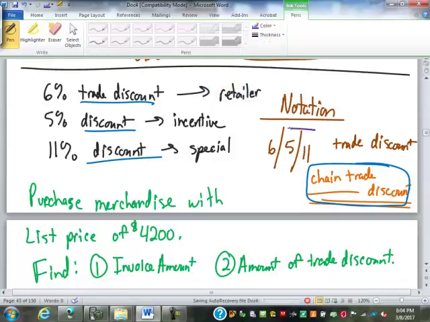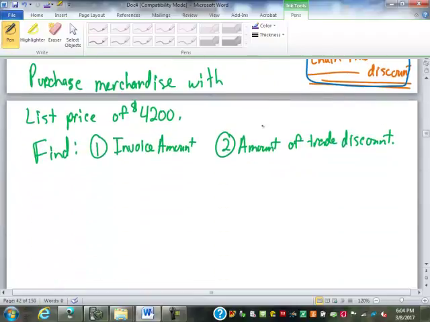Based off of this chain discount, 6511 as it's listed there, there are some numbers we can find. So we are going to define a net decimal equivalent.